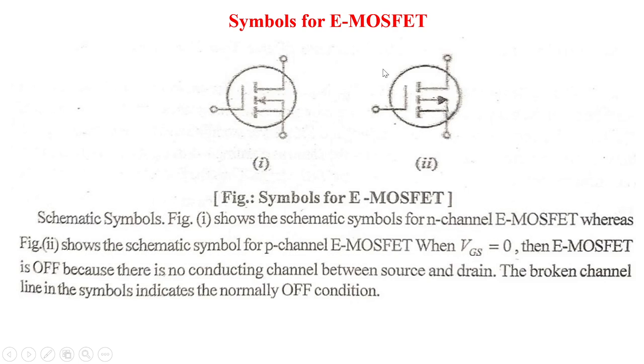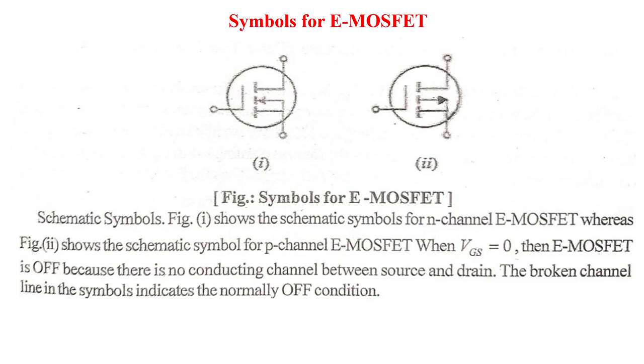See in the figure, this is the channel. This channel is broken. That means it's in three parts, not a continuous channel. So the broken line channel for the MOSFET, and the substrate is normally connected to the source.